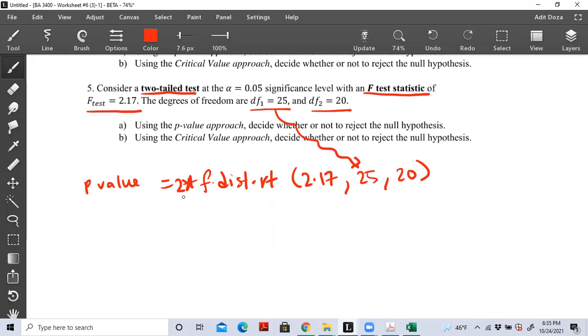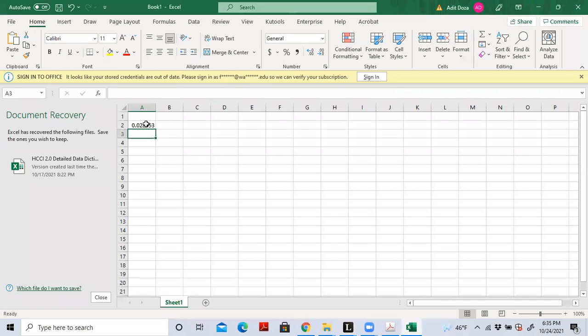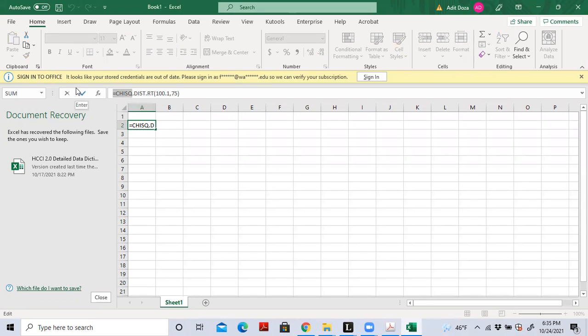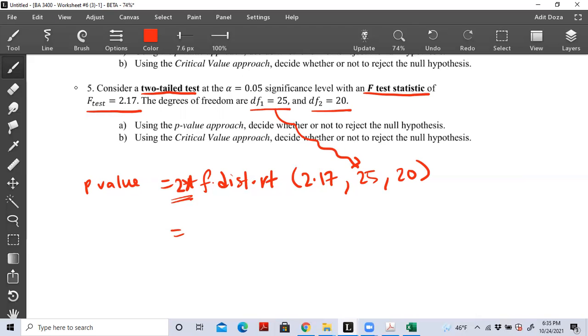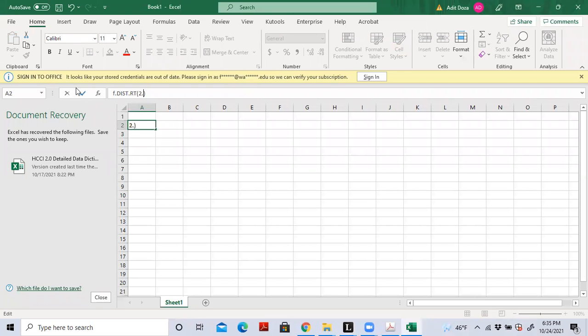And why did we multiply by 2? Because it's two-tailed. So F.DIST.RT. So let's first find the F.DIST.RT, and what's the 2.17? First degree of freedom is 25. Second degree of freedom is 20.